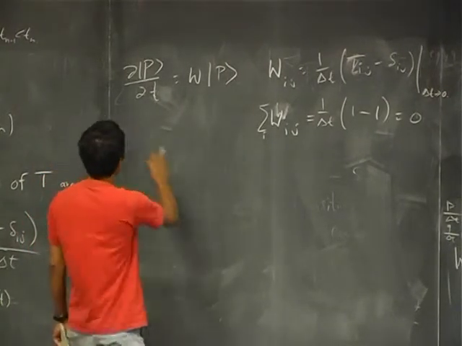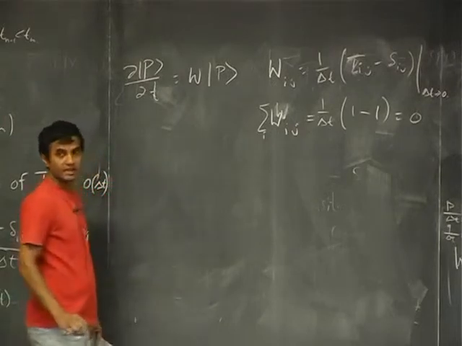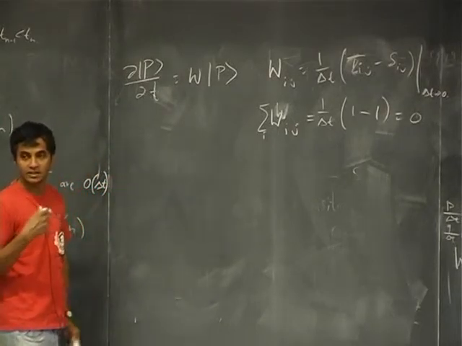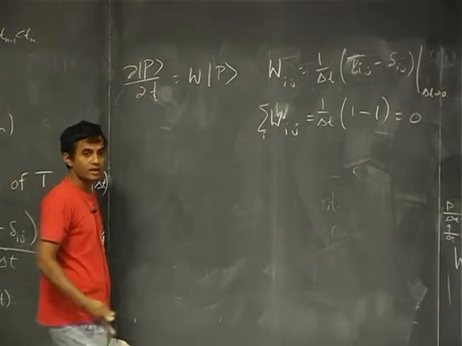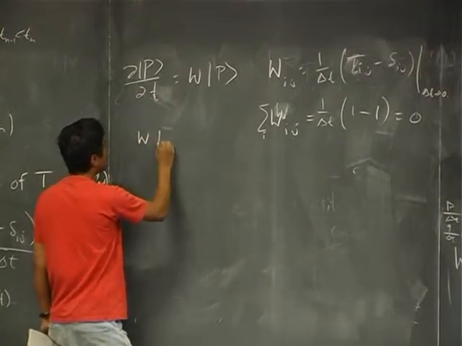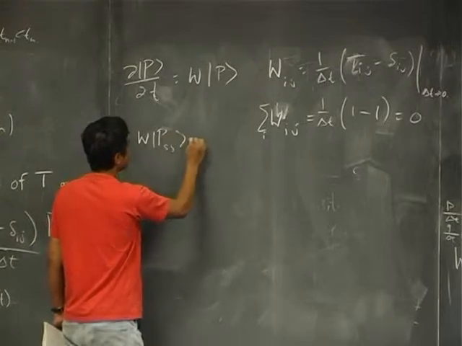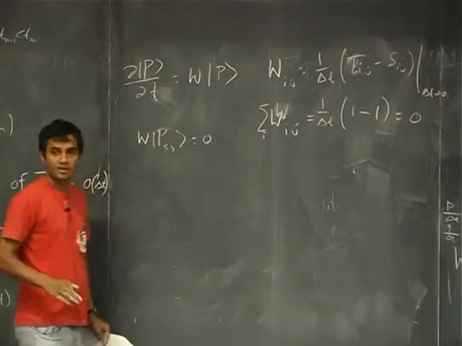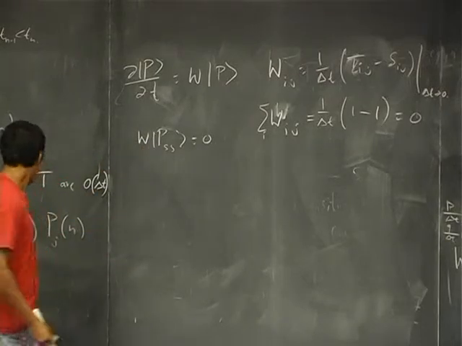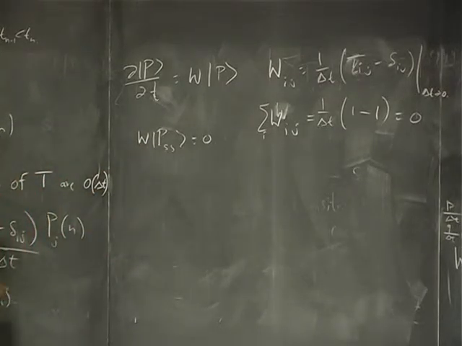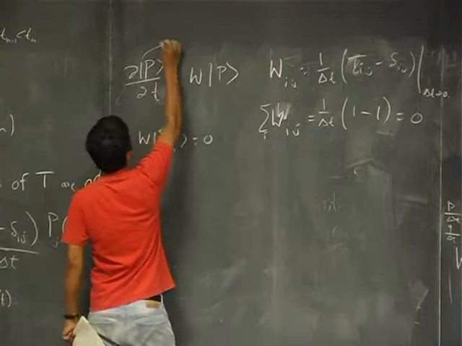Okay, so now in this case also you'll get a steady state. Steady state means del P del t equal to 0, so it will satisfy W P steady state equal to 0. So it's the zero eigenvector of this matrix. By the way, this is what is usually called the master equation.